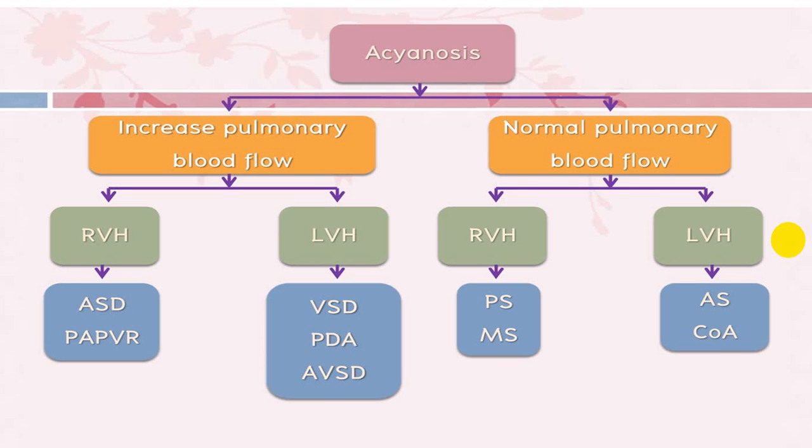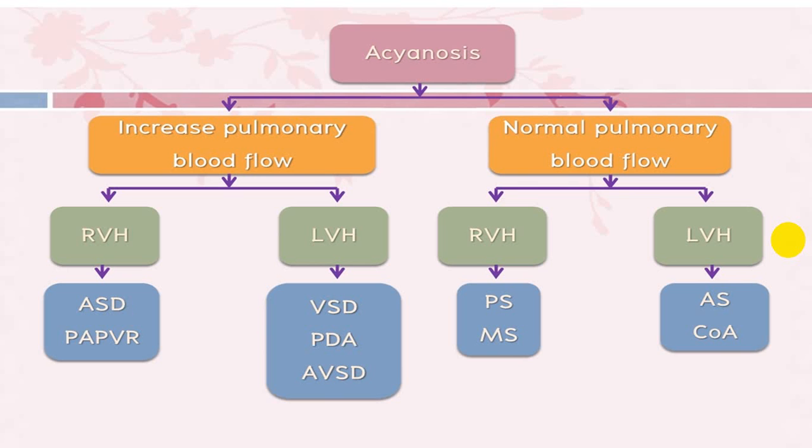In a case of normal pulmonary blood flow, or there may be a little decrease in pulmonary blood flow, the common conditions which will produce RVH are pulmonary stenosis and mitral stenosis, and those which produce LVH are aortic stenosis and coarctation of aorta. Here there is no right to left shunt, hence there is no cyanosis.